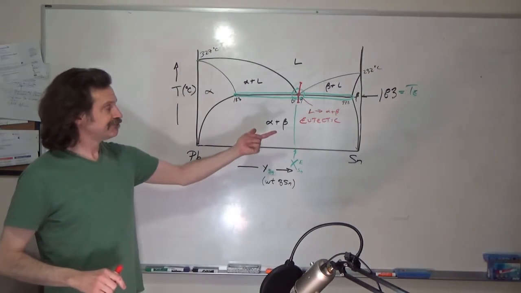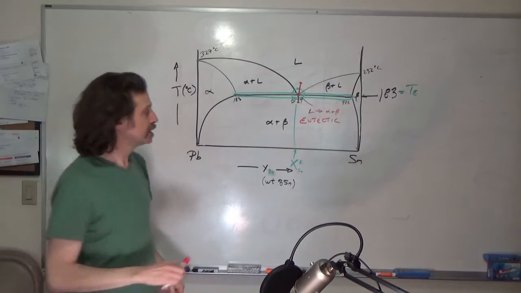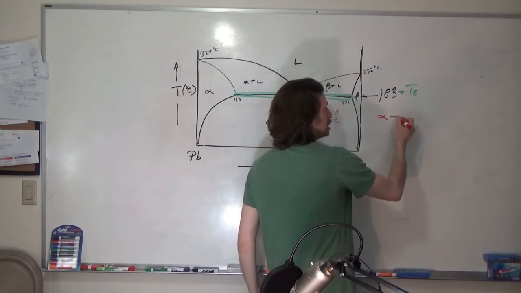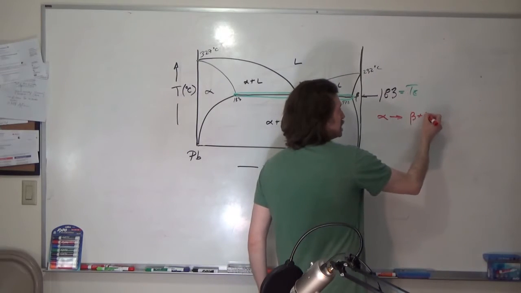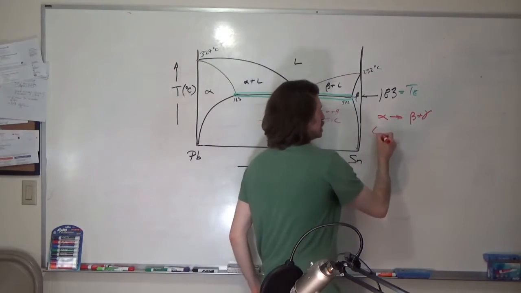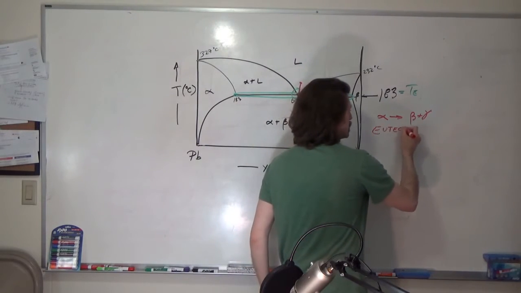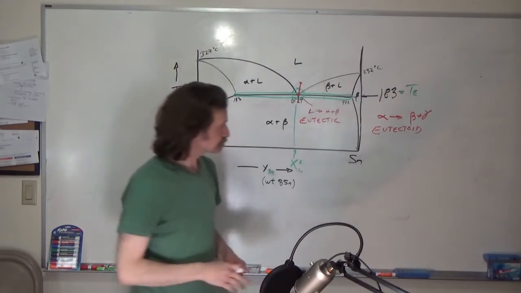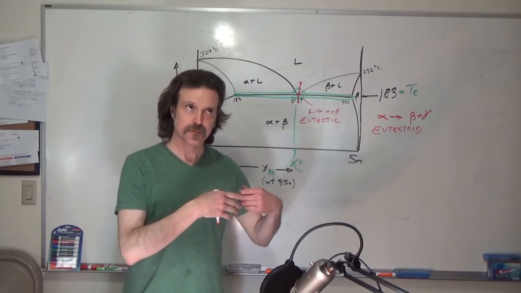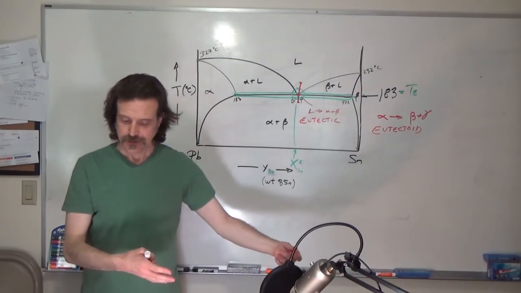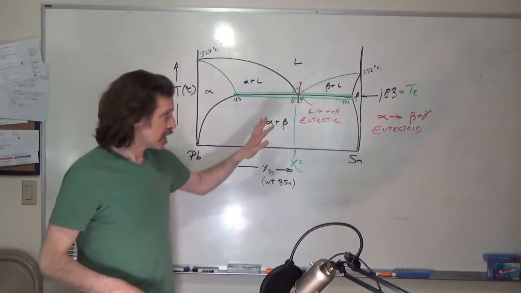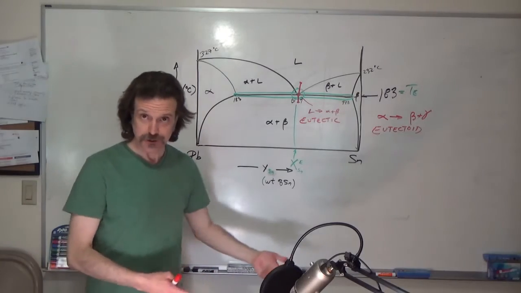If it were a solid going into two solids, like if we say we had some alpha going into beta plus gamma, it would be called a eutectoid. And again, within this subset of material science, there are lots of these jargon terms.